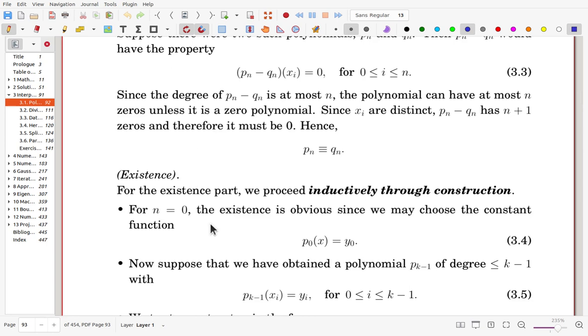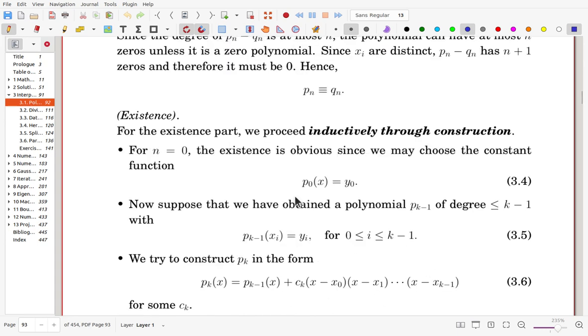For n equals 0, here we can easily construct a function in this way. P0(x) is y0, so that now the first point is the only one we consider, a constant polynomial in the beginning, and here P0(x) equals y0.